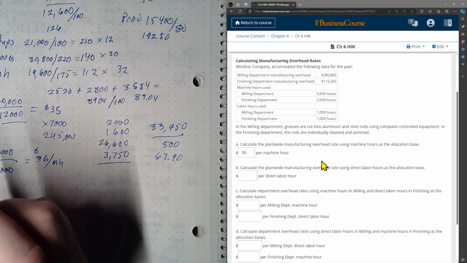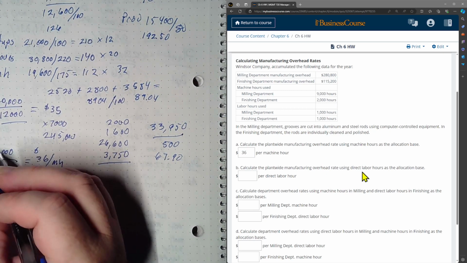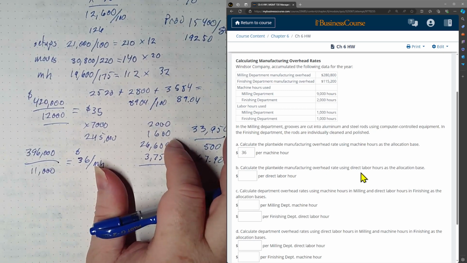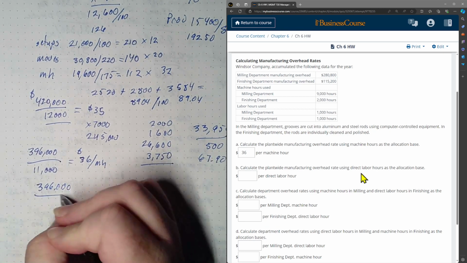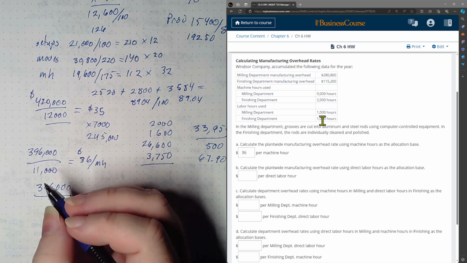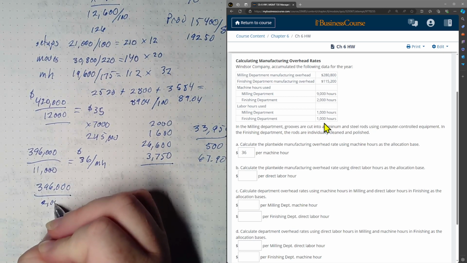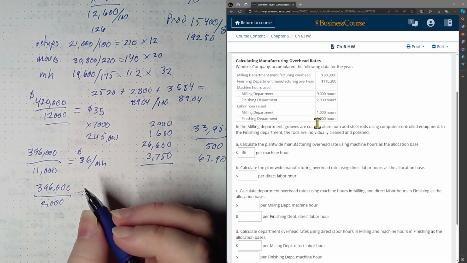If we instead choose to use direct labor hours, well, it's still going to be the 396,000 because that's the total overhead. But instead, we're going to use 2,000 labor hours. You can see the machine hours give us a vastly different usage rate in the departments, whereas labor hours is the same. So labor hours is not a very good usage.